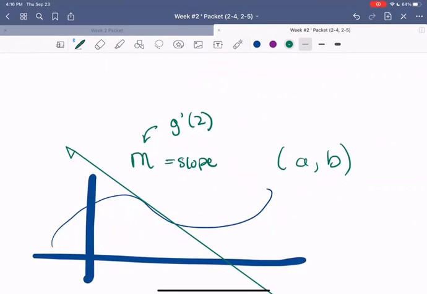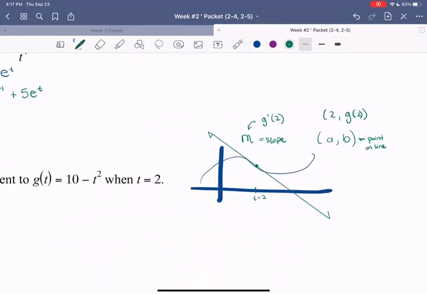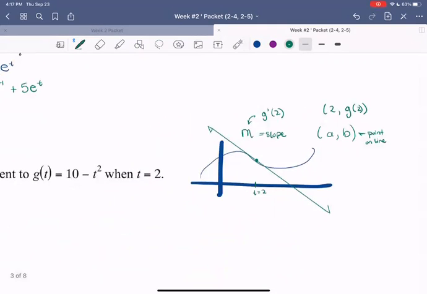And then to find a point on our line, well, we know that the point of interest when t is 2 is a point on our line. So when the input is 2, what's the output going to be? Just g of 2. We could figure that out right away. We just consult our function and say, hey, function, what are you when the input is 2?